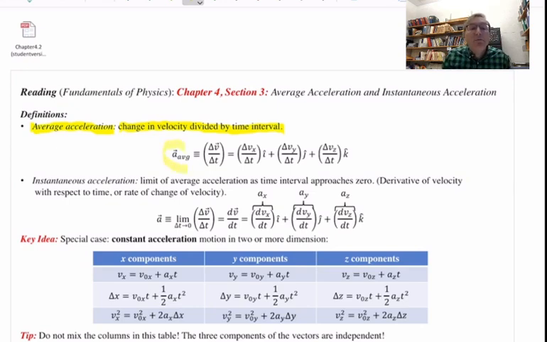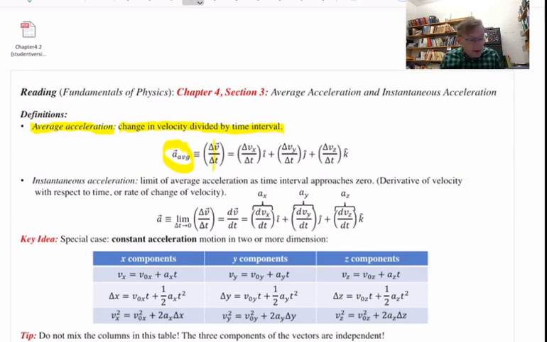A arrow with a subscript AVG, and it's defined to be change in velocity vector, delta V arrow over delta T. And because it's delta V arrow, V vector, everything must be treated separately by X, Y, and even Z components.